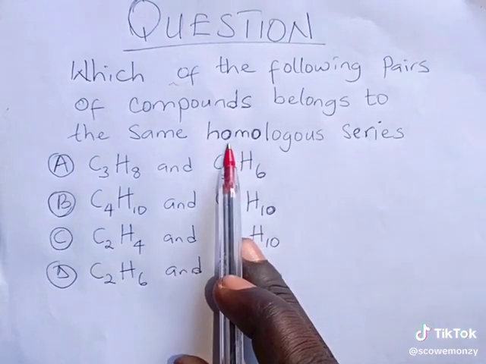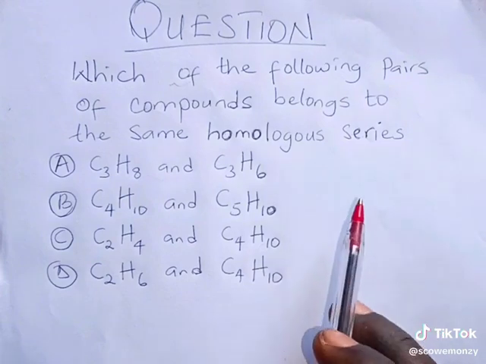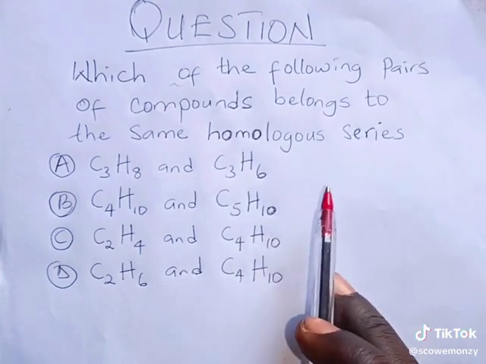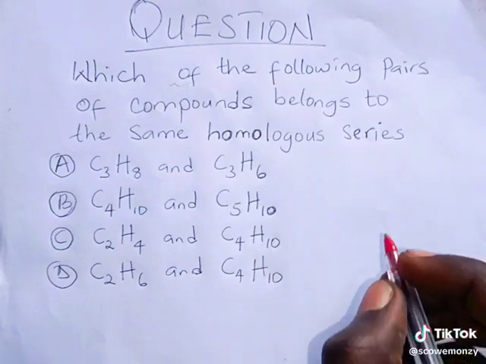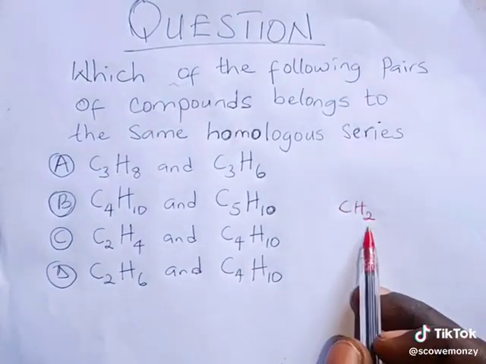Now, in homologous series, the most important thing you should know if you want to identify a pair of compounds that belong to the same homologous series is that each successive member differs by a CH2 unit.